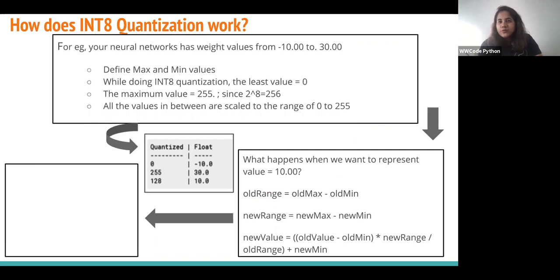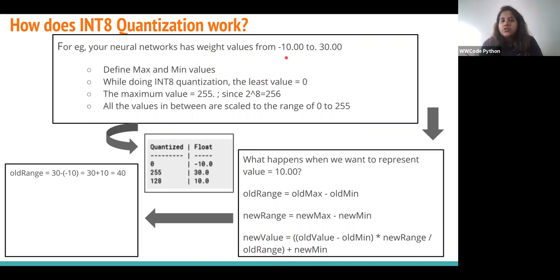It's not so useful for us, but in essence, it describes the math behind it. So we have the new value, which is (old value minus old minimum) times new range, divided by old range, plus new minimum.